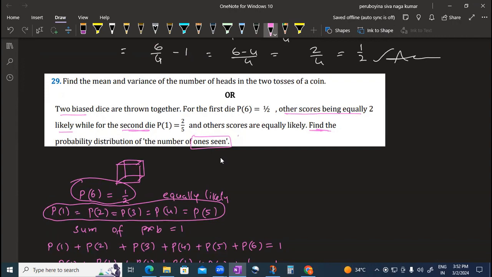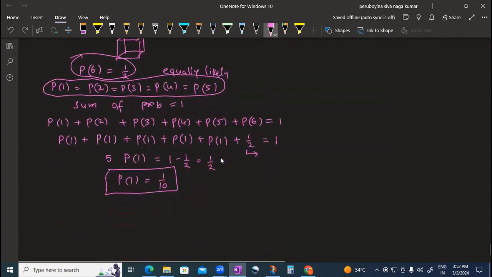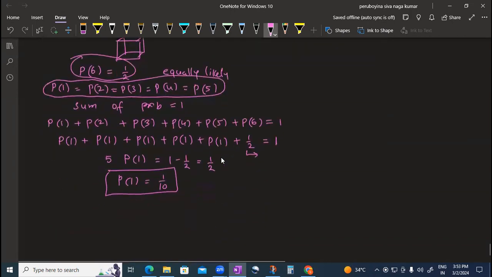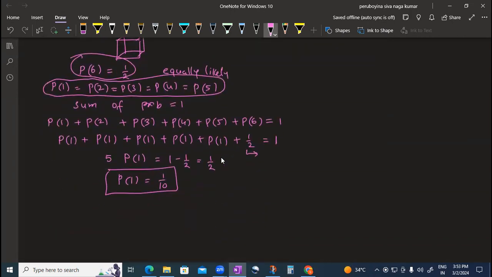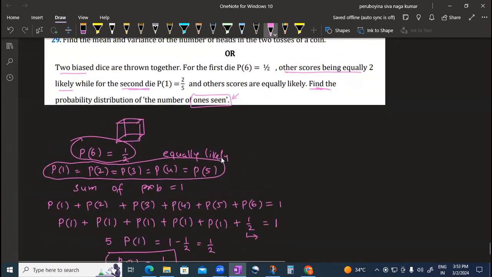He is only asking about one on the die. That's why I turned these values into the probability of a one appearing. So I calculated P of 1. Yes, the remaining probabilities are also the same: P of 2 is 1 by 10, P of 3 is also 1 by 10. All are equal.